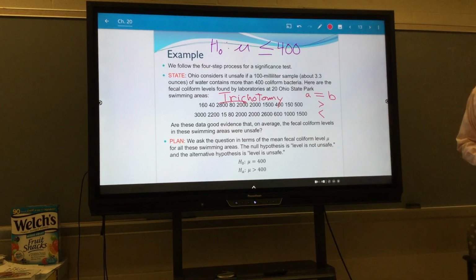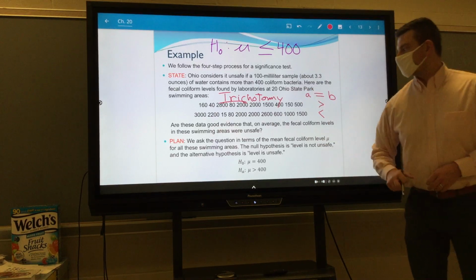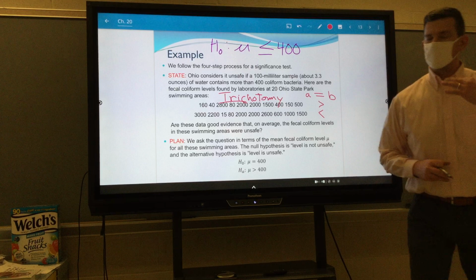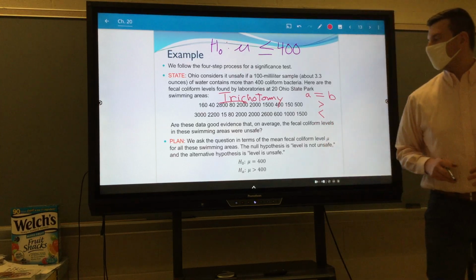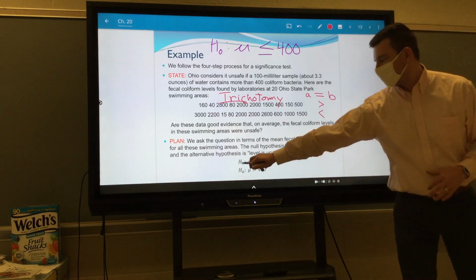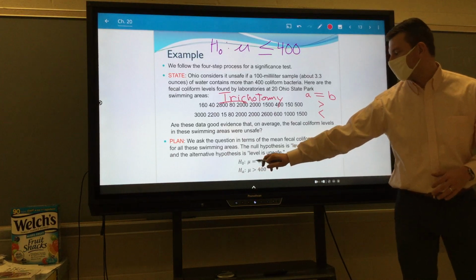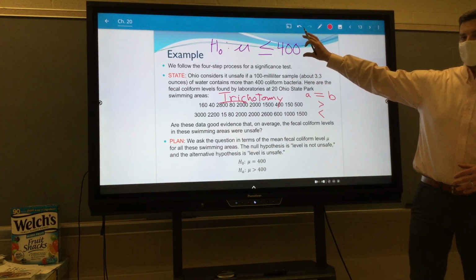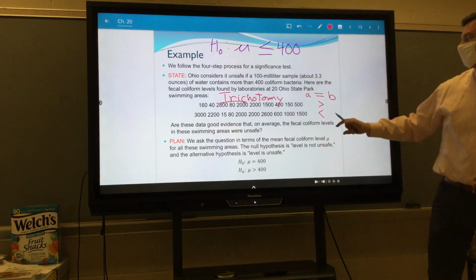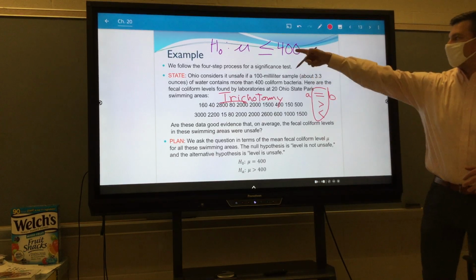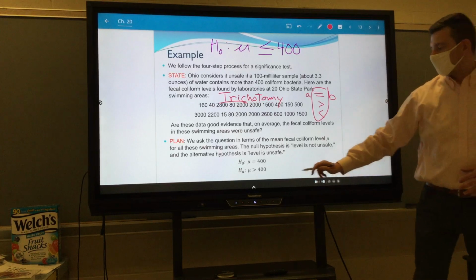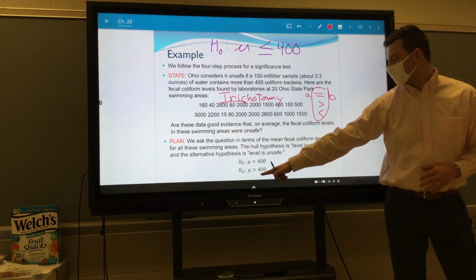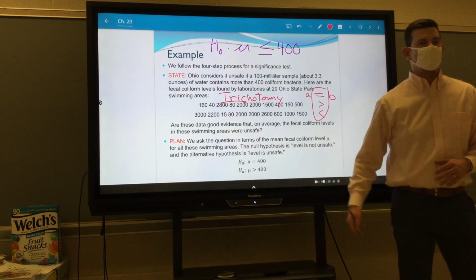But in this case, to satisfy this law of trichotomy and to make sense in the context of this problem, I think our null hypothesis should be that the mean is less than or equal to 400. We have two of the three considered in the null, and we have the one remaining, greater than, considered in the alternative hypothesis.